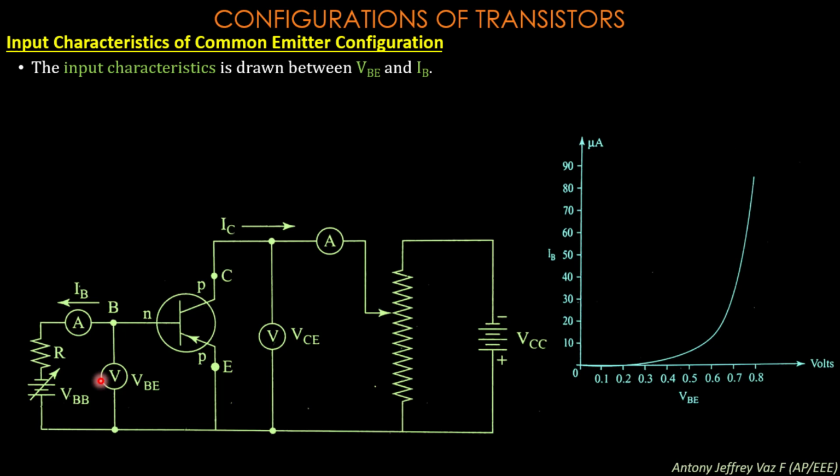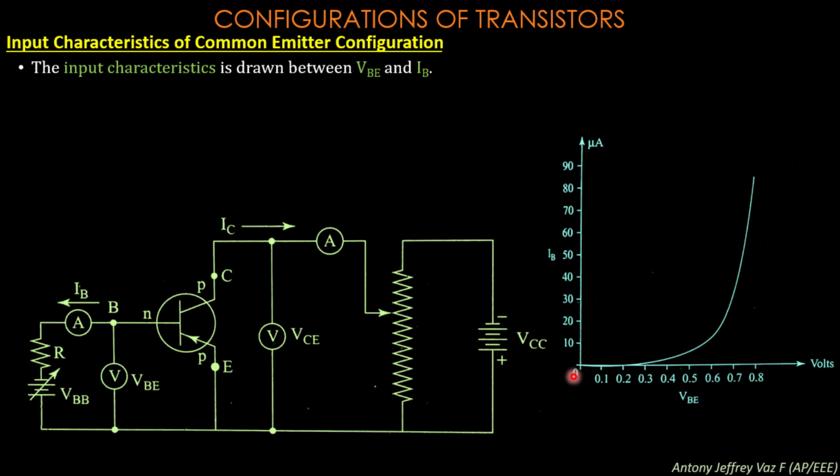This is the voltmeter which shows you the voltage across the base and emitter. And there is another thing, which is IB. IB is the current which is flowing through the base of the transistor. So IB current is on the y-axis and VBE voltage is on the x-axis.